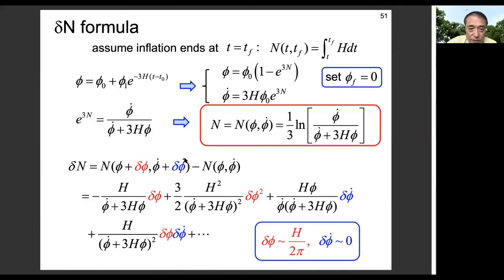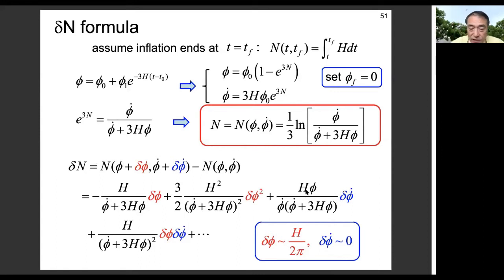Now, once you are given this formula, it's very easy to just compute again the curvature perturbation. The only difference is that now you have this delta phi dot term too. So you have to compute the first and second derivative and so on and so forth. But the important point is that although this phi dot dependence is very important, we know delta phi dot is almost zero outside the horizon.